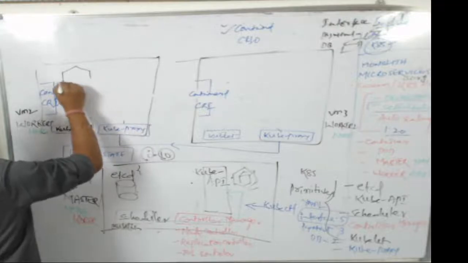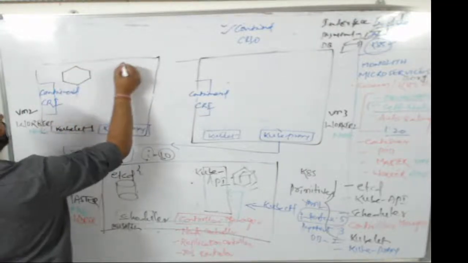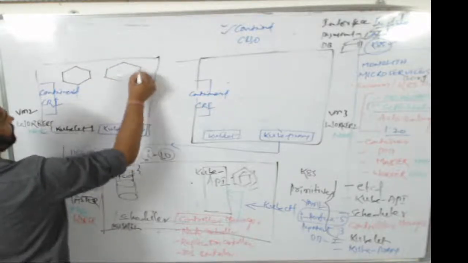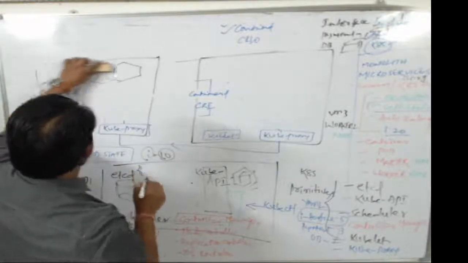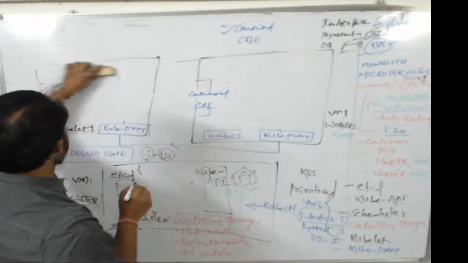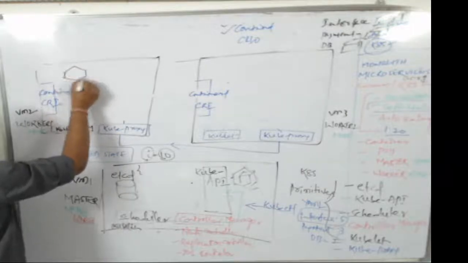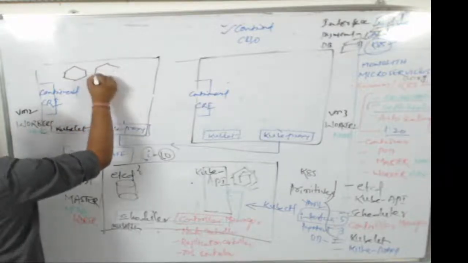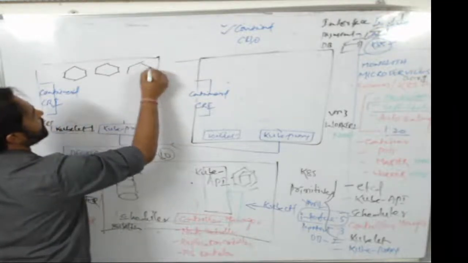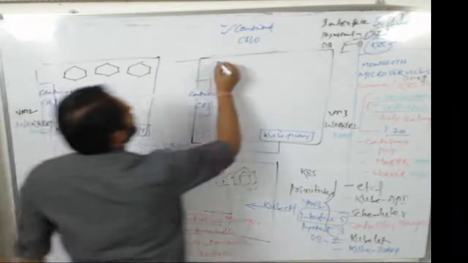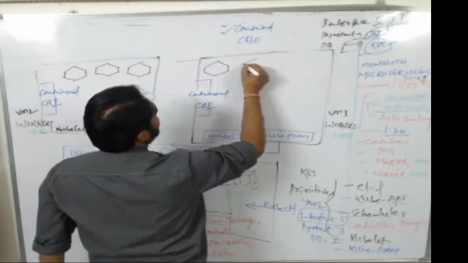What are these usually? Hexagons? Yes, these are hexagons. Pods are usually hexagons. I'm going to draw 3 here, 2 over there. Who decides 3 should go here and 2 should go there? Is it kubelet? No. Node controller? No. Who decides 3 and 2?